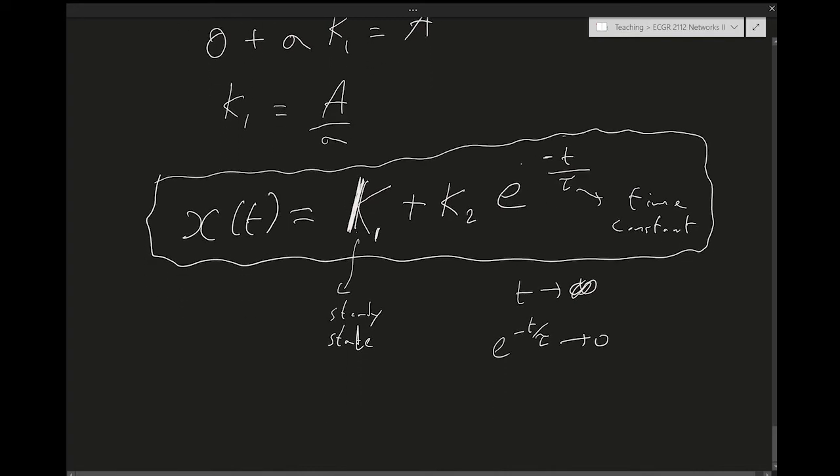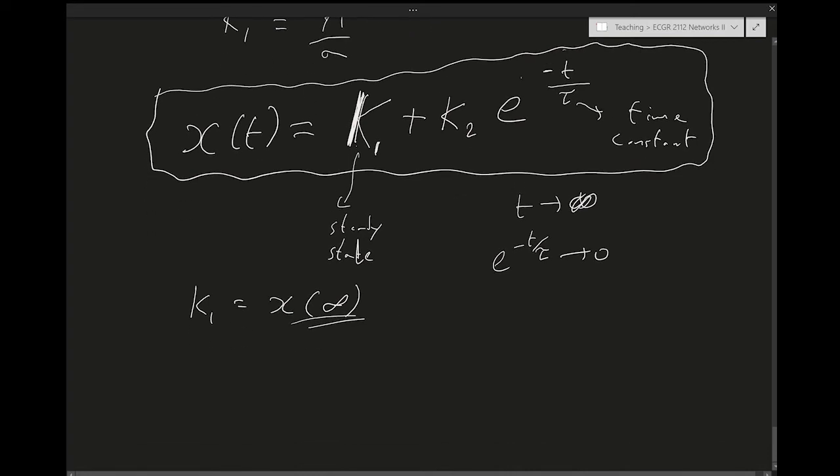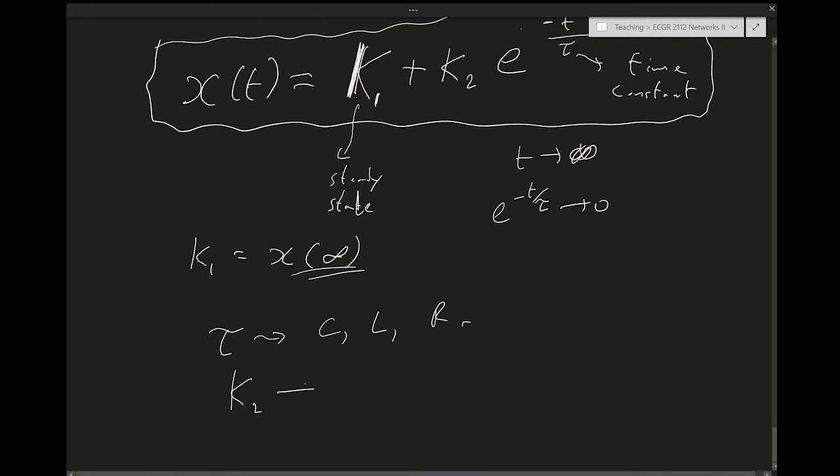So K1 is going to be the steady state value of the variable, which we can calculate easily from any circuit. And then tau is going to depend on the parameters of the circuit, on the capacitors, inductors, resistors. We'll see how it will depend on that, but it will depend on the circuit. K2 is going to depend on the initial condition.